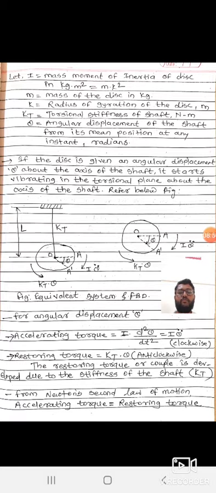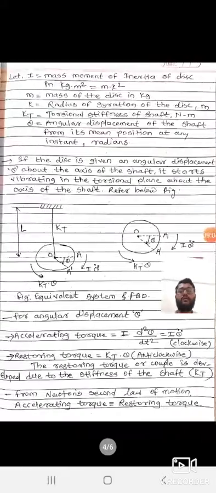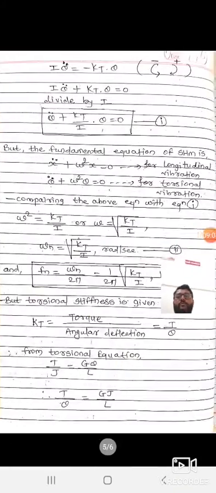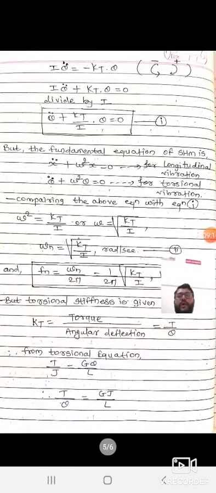From Newton's second law of motion, the accelerating torque equals the restoring torque. The accelerating torque is positive, I theta double dot, because it acts clockwise, and the restoring torque is negative because it acts anti-clockwise, so it is minus kt into theta.